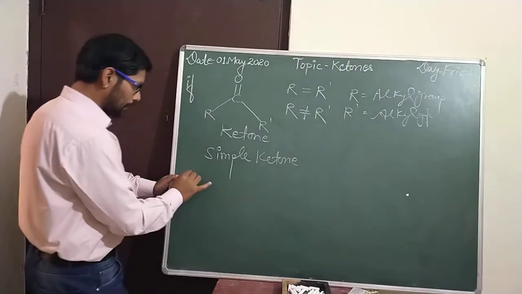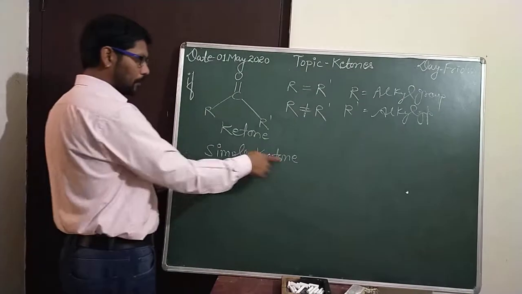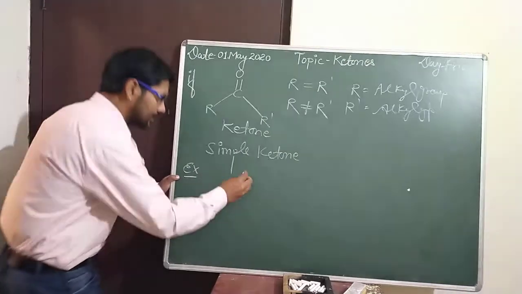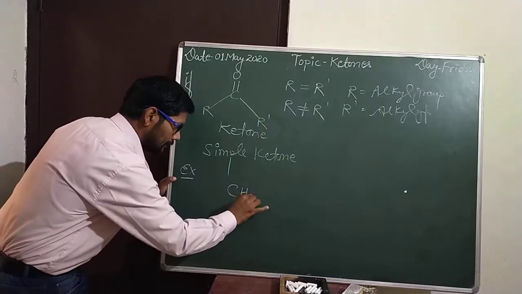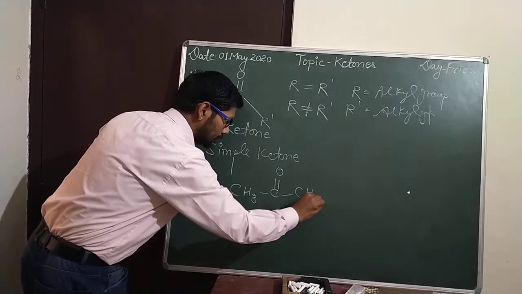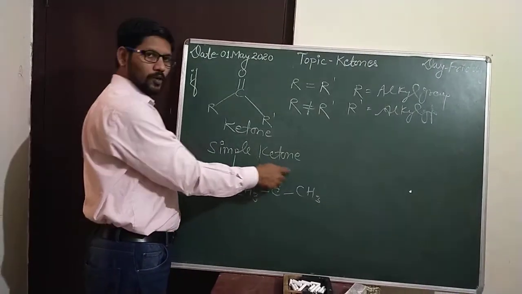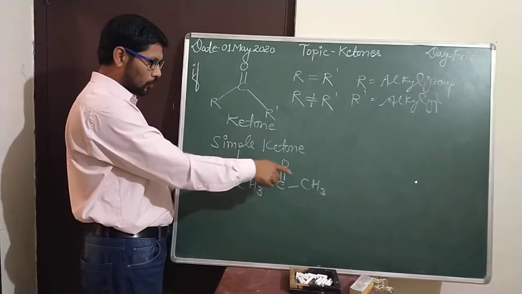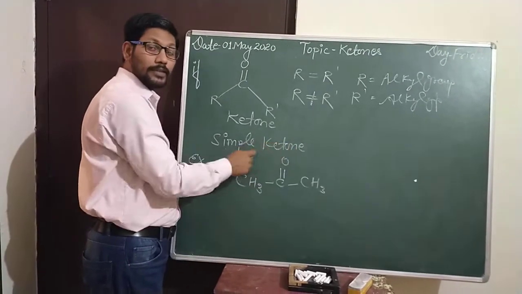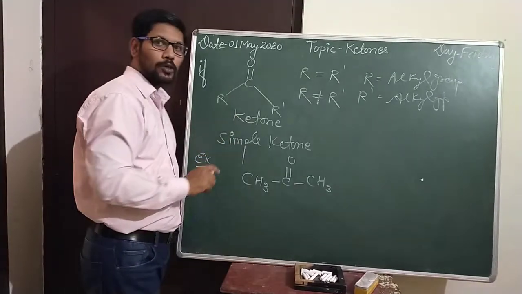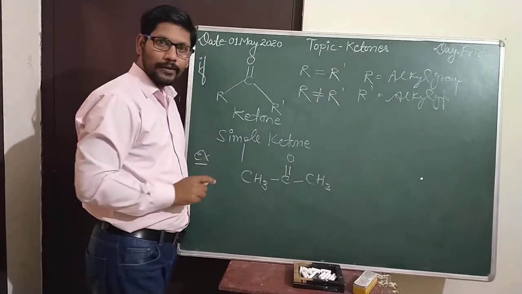For example, when R and R dash are equal: CH3 single bond C double bond O single bond CH3, that is CH3COCH3. This is a ketone, and the type is simple ketone, or it can also be called symmetrical ketone.